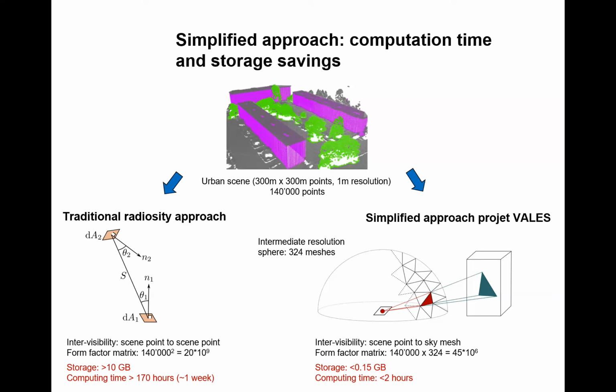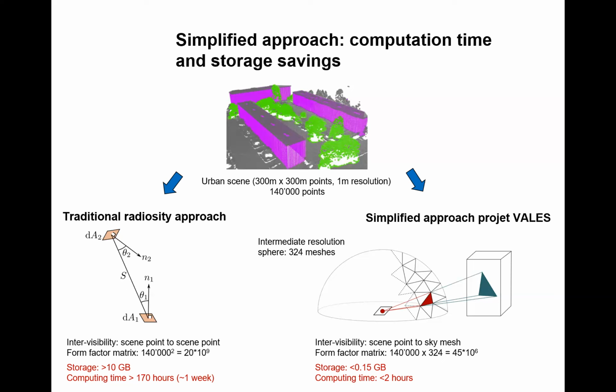That's why we introduced in this project a simplified approach. Instead of considering intervisibility between each pair of meshes, first of all, we model the mesh as a cloud of points, which is simpler. And we project for each scene point a virtual hemisphere or sphere. Then we consider not the ray between each scene point, but between the scene point and a sphere or sky point, or sky mesh if you want.